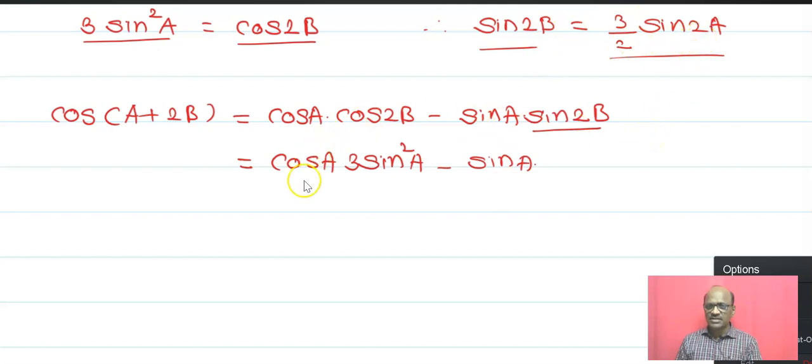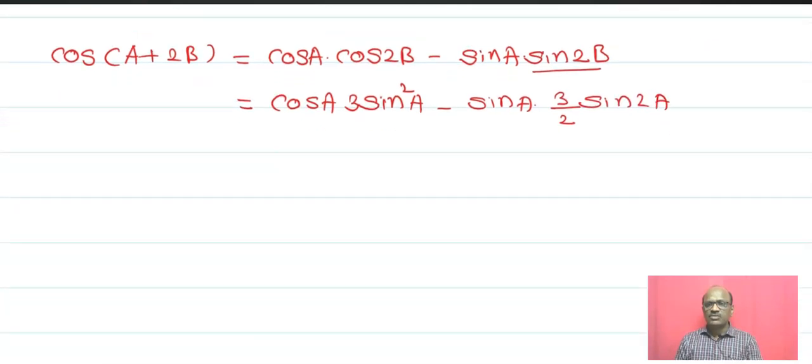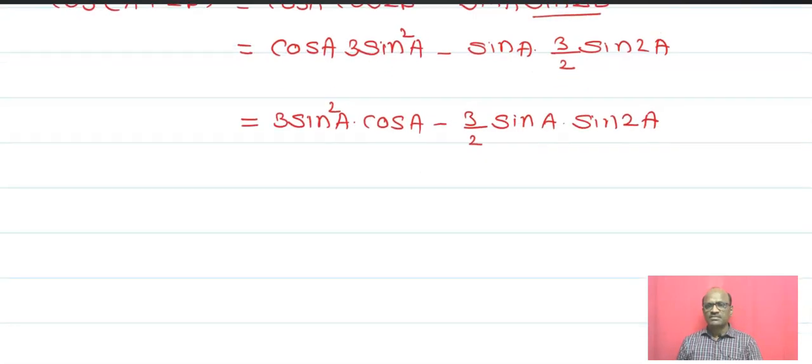On the right hand side all angles are converted in A. Therefore, sin A into 3 by 2 sin 2A, that is 3 sin²A cos A − 3 by 2 sin A into sin 2A.